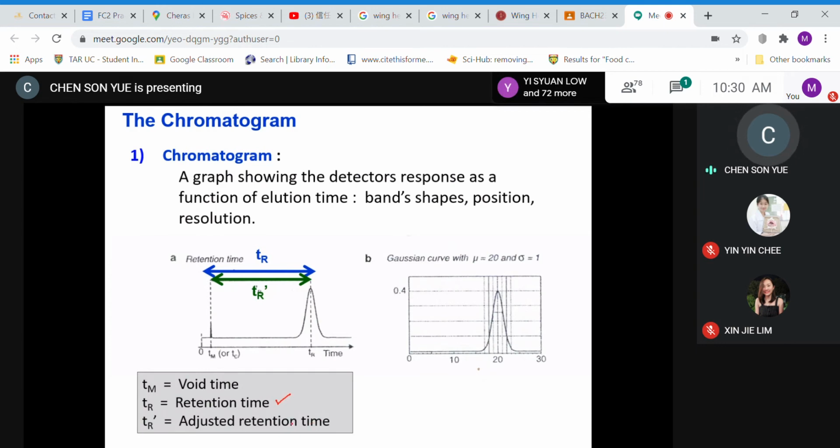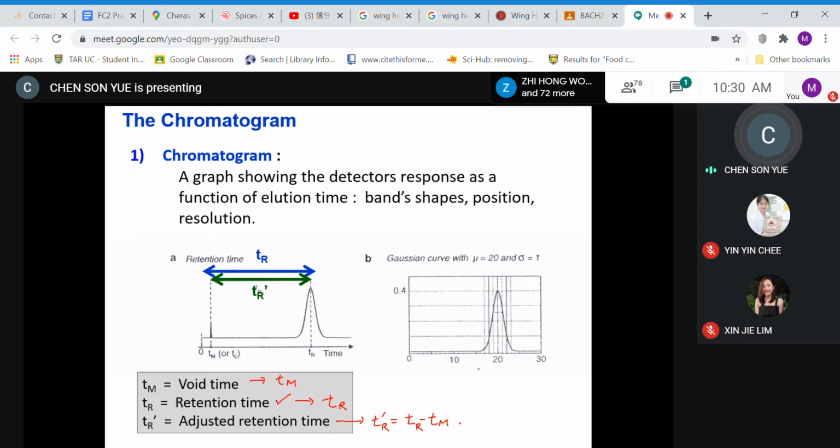Adjusted means after using TR minus TM, you get the adjusted retention time. This one is just TR, this one is TM. It's TR, not TA. So TR prime, adjusted, means minus TM.